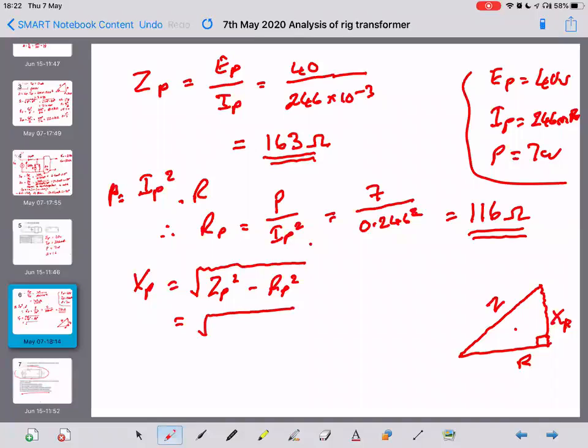Root 163 squared minus 116 squared equals 115 for XP.